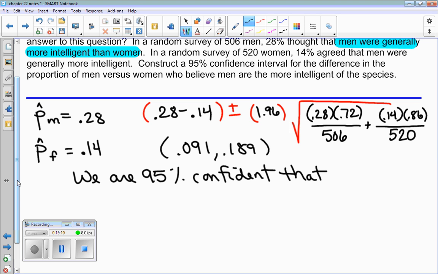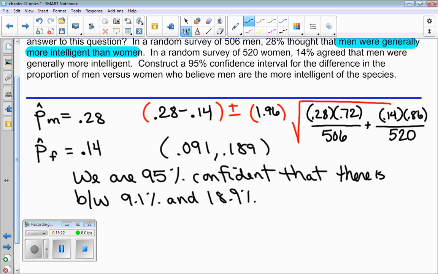That between 9.1% and 18.9%, there is a difference, sorry. Because that's what we're calculating, is a difference between, right? So we are 95% confident that there is a difference between 9.1 and 18.9% of what?